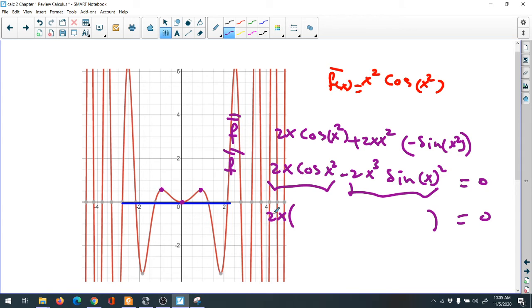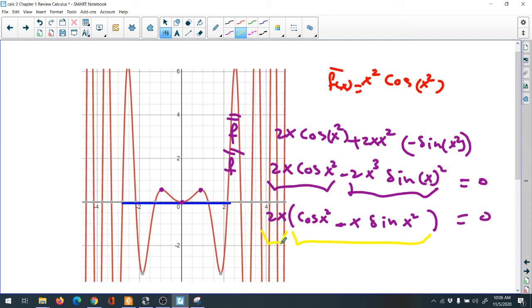Divide each term by 2x, then cosine x squared left, and here is negative x sine x squared. So now we have 2 quantities multiplied equals 0: 2x and cosine x squared minus x sine x squared.